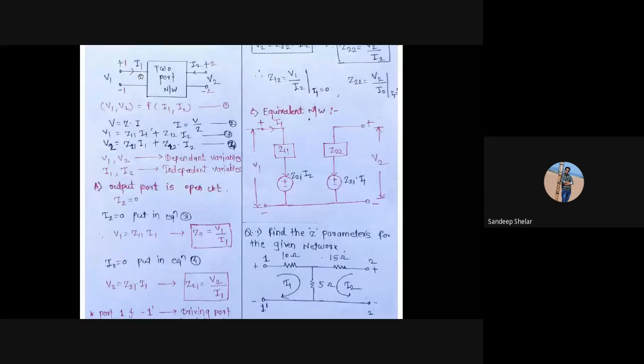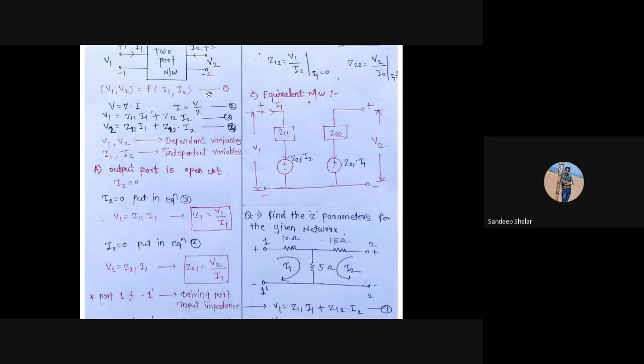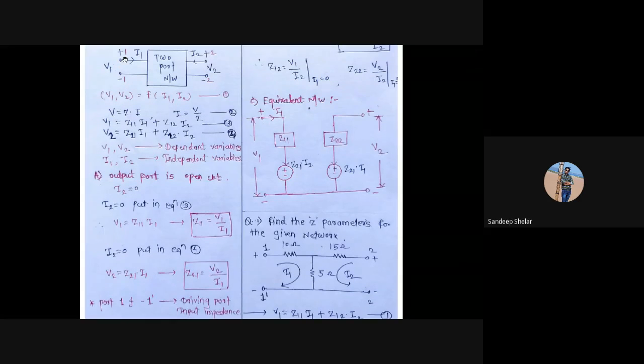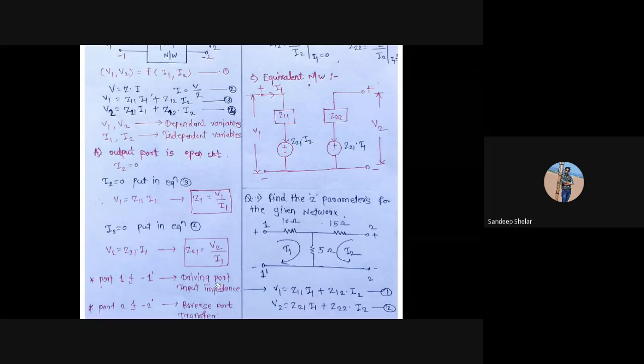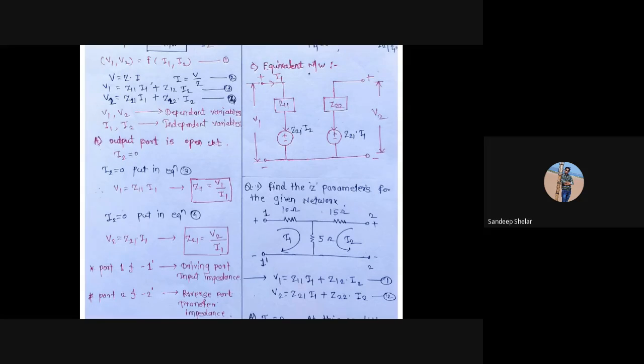Here the input port is plus 1 and minus 1, and the output port is plus 2 and minus 2. In this condition Z11 is called the driving point input impedance, and Z21 is called the reverse transfer impedance.